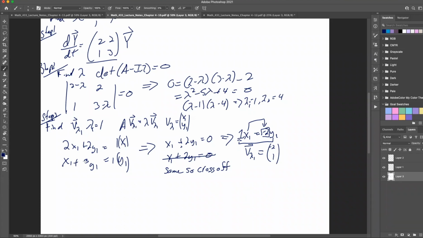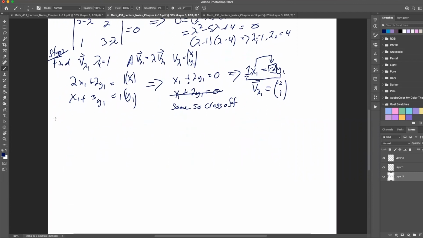All right, now that we have this, we have our first one. So let's do this again one more time. We're going to find v lambda 2, where lambda 2 is equal to 4.